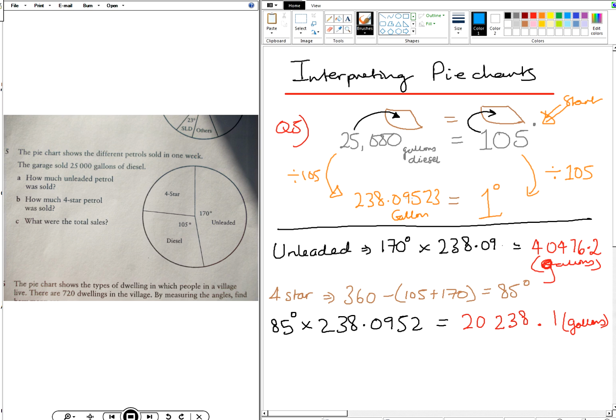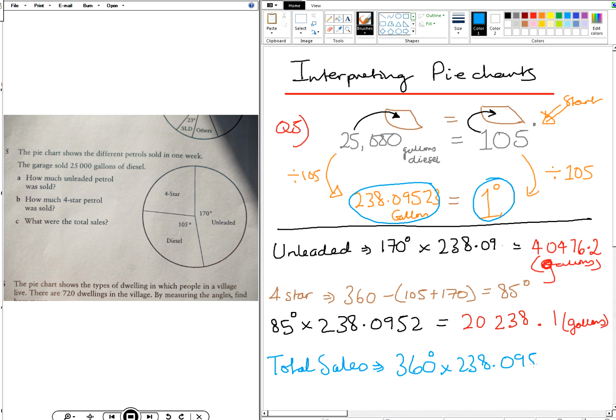Now let's look at the next part. What were the total sales? Sales means how many gallons were sold altogether. We worked out earlier that 1 degree is worth how many gallons? To work out the total sales, we know that the pie chart consists of 360 degrees. Each degree is worth 238.09523 and so on.